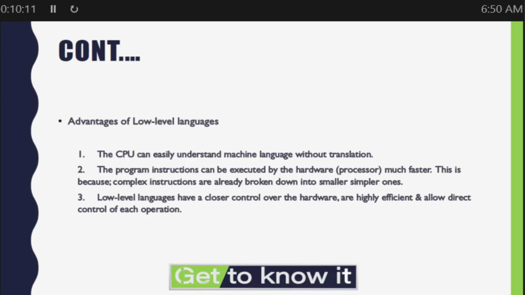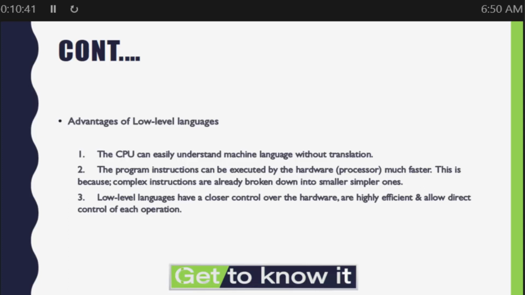But with low-level languages, it requires no or less translation, and this will make the CPU easily understand your program statements, and hence execution will be very fast. The program instructions can be executed by the hardware or processor much faster. This is because complex instructions are already broken down into smaller, simpler ones.